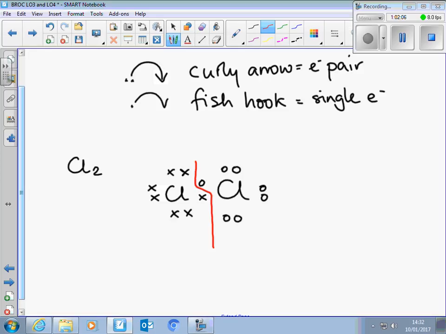They end up just being atoms. If you look closely, the bond is being split and there are 2 fish hooks there. This one shows the movement of that electron in the bond to the right-hand atom. This one shows the movement of that electron in the bond to that atom.